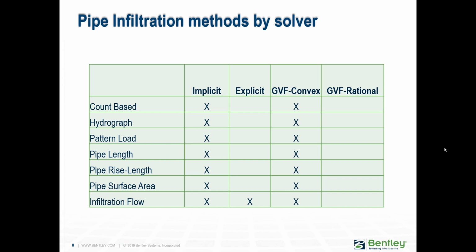The GVF convex is also available in SewerGEMS and SewerCAD. The GVF convex is for gradually varied flow with convex routing. And the GVF rational is just for StormCAD and SewerStorm, and it's focused on the rational method for stormwater calculations, and it doesn't have options for pipe infiltration calculation.